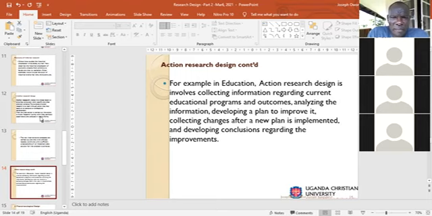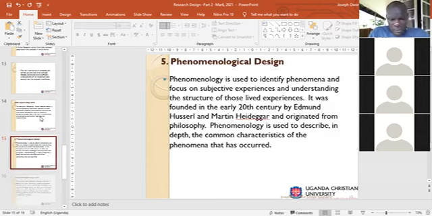So this is a back and forth process, because you want to improve your educational outcomes. So you implement, find out problems, implement, find out problems, implement. By the end of a particular period, you have solved all the problems. Okay? So that is action research.